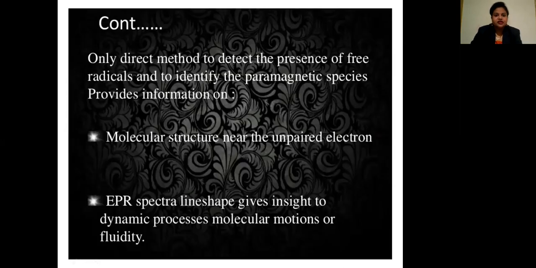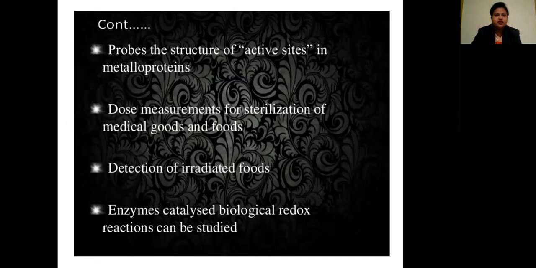It is the only direct method to detect the presence of free radicals and to identify the paramagnetic species, providing information on molecular structure near the unpaired electrons. EPR spectra line shape gives insight to dynamic process, molecular motions or fluidity.